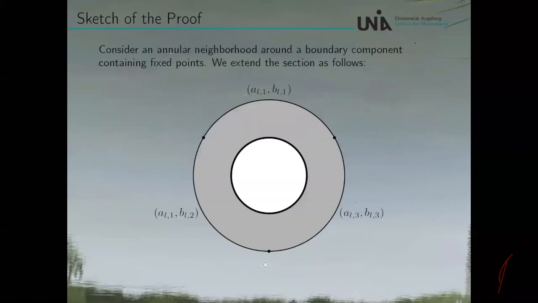And now I go back to my annular neighborhood. I divide it in this way. And I'm exactly in the previous case, meaning that I have a rectangle like this. I have a fixed point. Here I have circular orbits. From the previous steps, I have a section here.